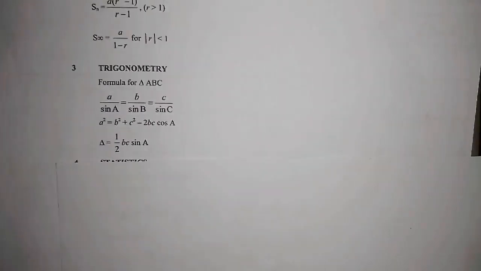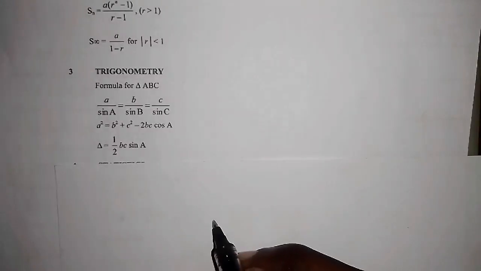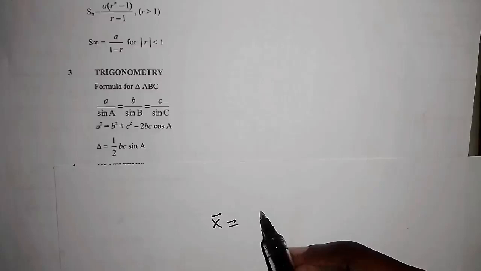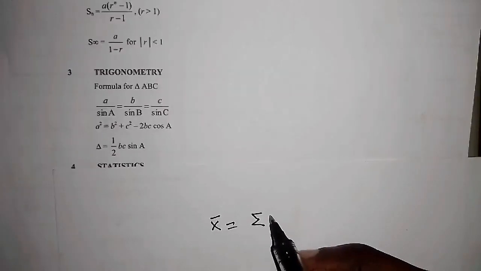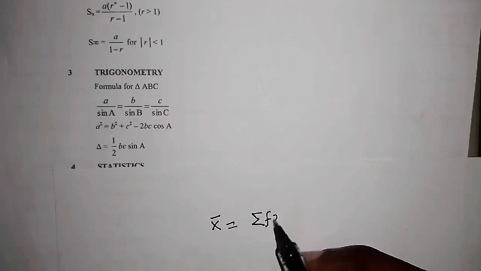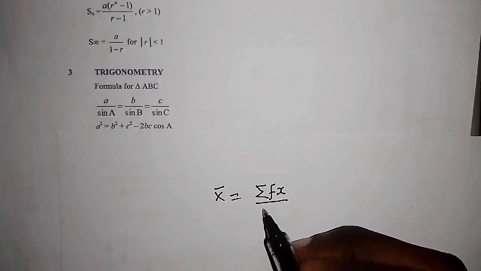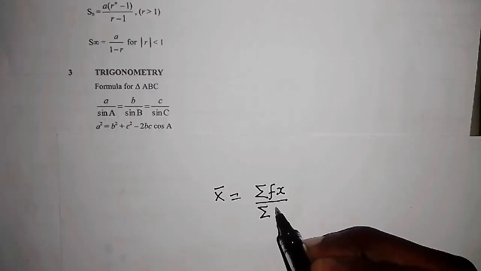The mean, which is x bar, is equal to this symbol there, which means the sum of f times x, divided by the sum of just f.